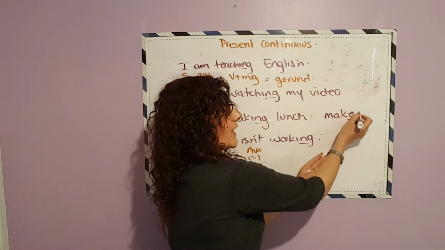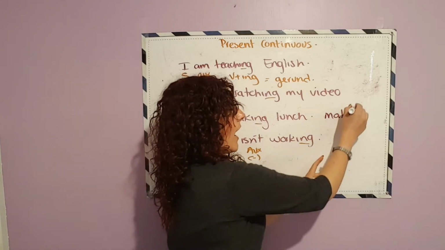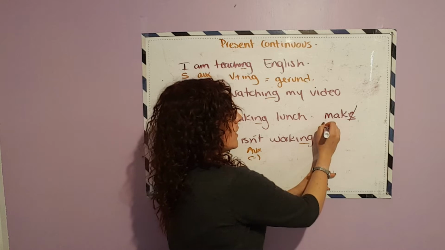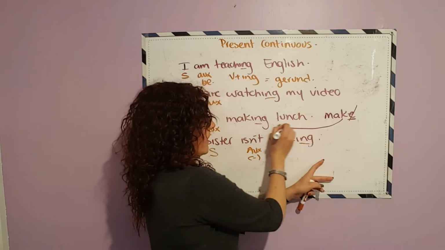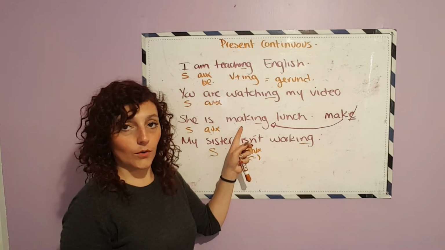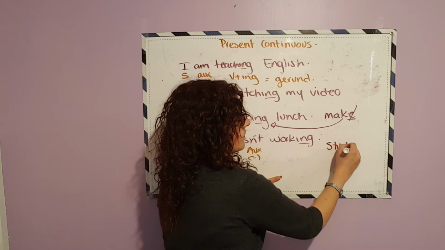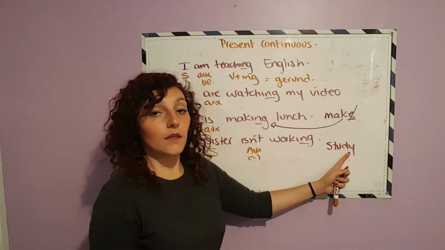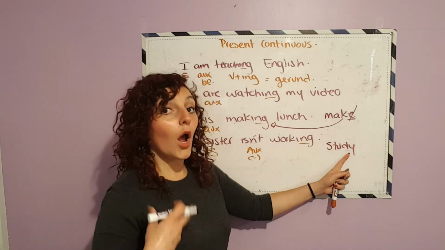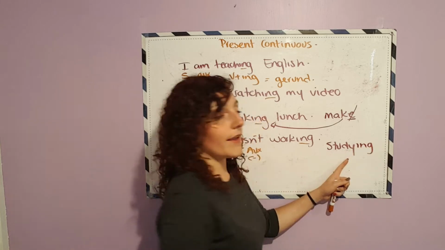So when your E is silent, you have to eliminate it and then you use the ing. So that's why make is making. Okay? Then some verbs end in Y. When you have a Y, the only thing you have to do is add your ing.